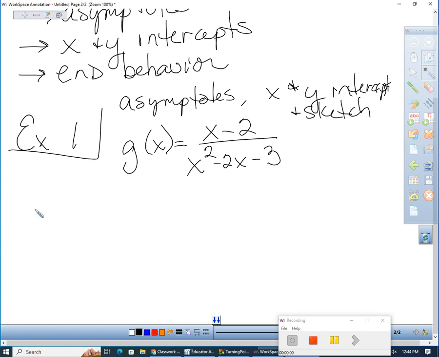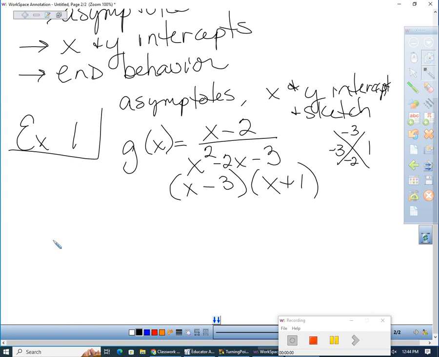All right, so first thing we have to do is factor that denominator. If I factor that denominator, I can draw my little x over here, negative 3 on top, negative 2 on the bottom, be negative 3 and 1, right? So I have x minus 3, and I have x plus 1. Do either of those factors cancel at the top?